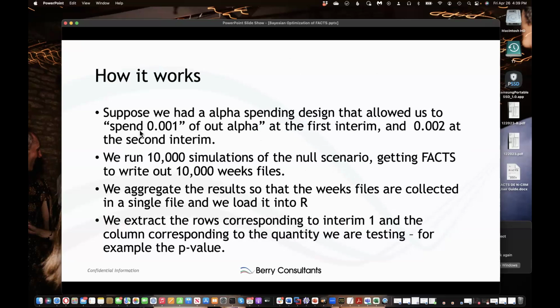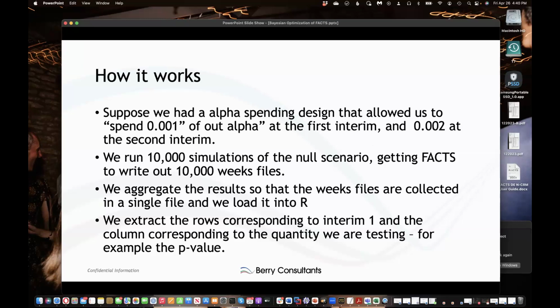So suppose we've got an alpha spending design that allows us to spend 0.001 of our alpha at the first interim and 0.002 at the second interim. So we run 10,000 simulations of the null scenario, getting FACTS to write out 10,000 weeks files.